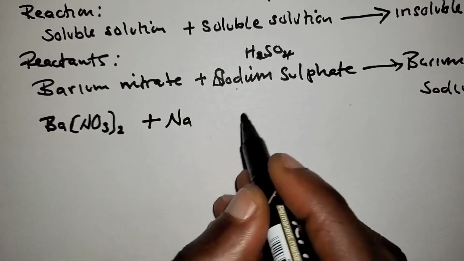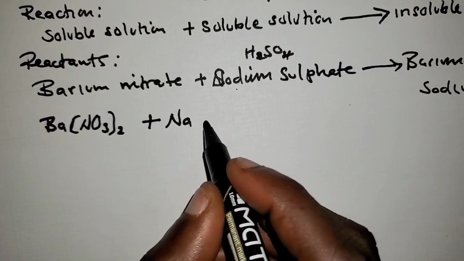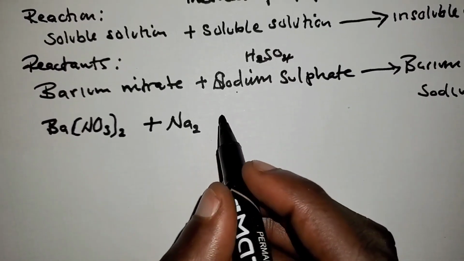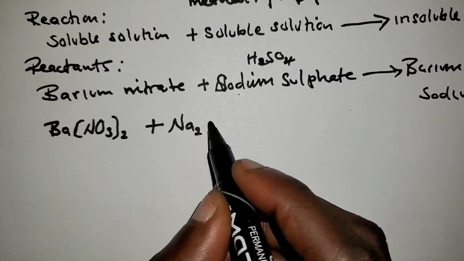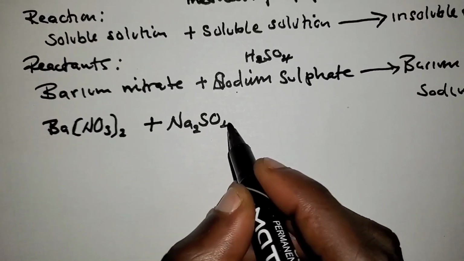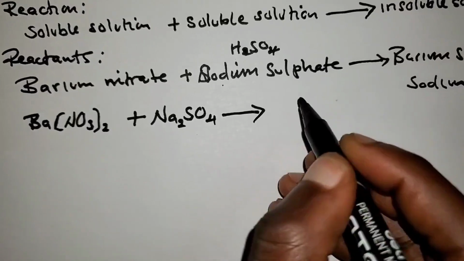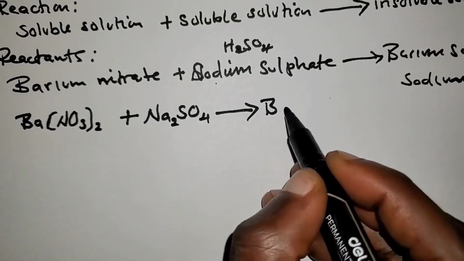Sodium is in group 1, sulfate is a radical with a valence of 2, so the 2 will be here, giving sodium sulfate, to form barium sulfate.